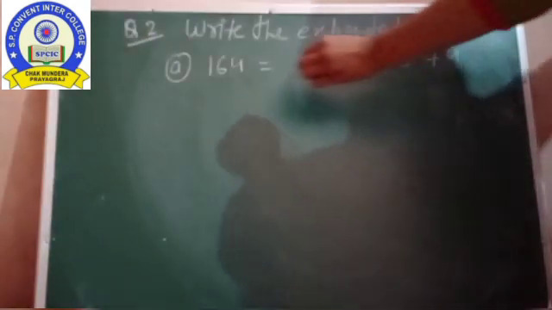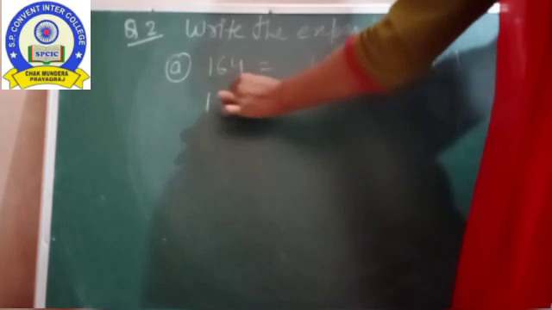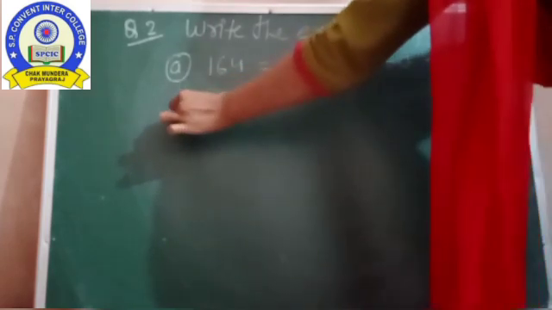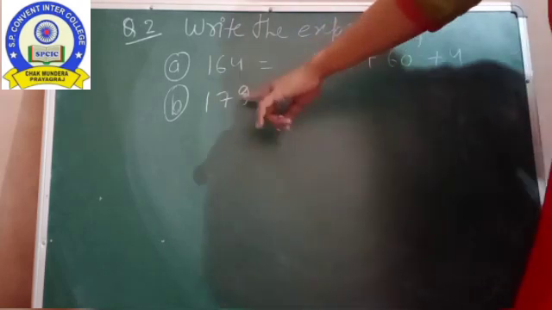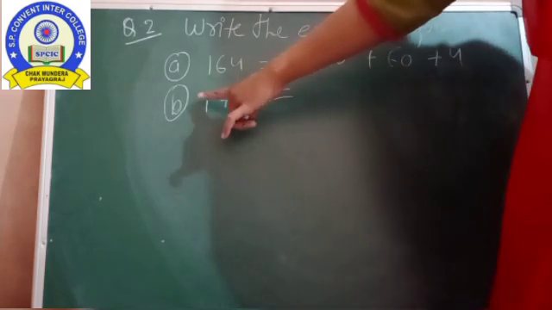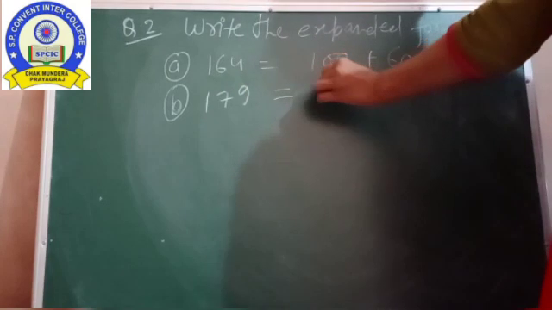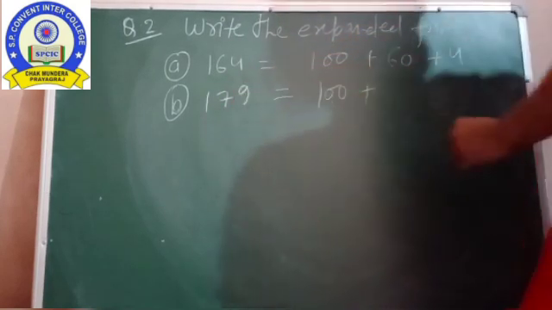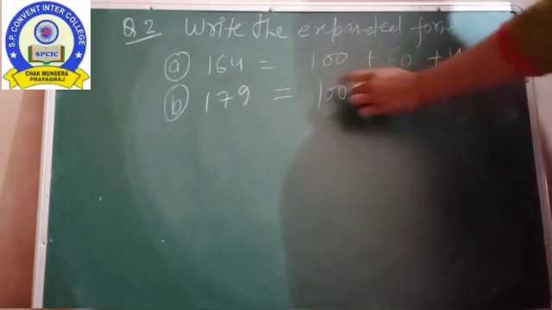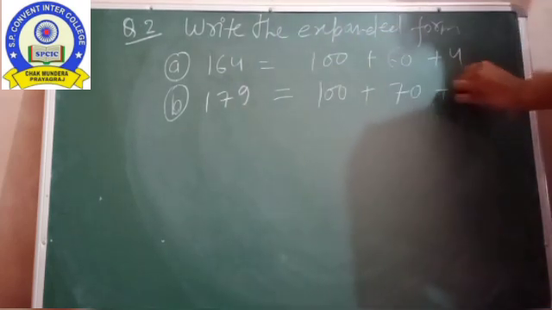Next question, 179. Ones, tens, hundreds. 1 is in the hundreds place, it means 100. 7 is in the tens place, it means 70. 9 is in the ones place, it means 9.